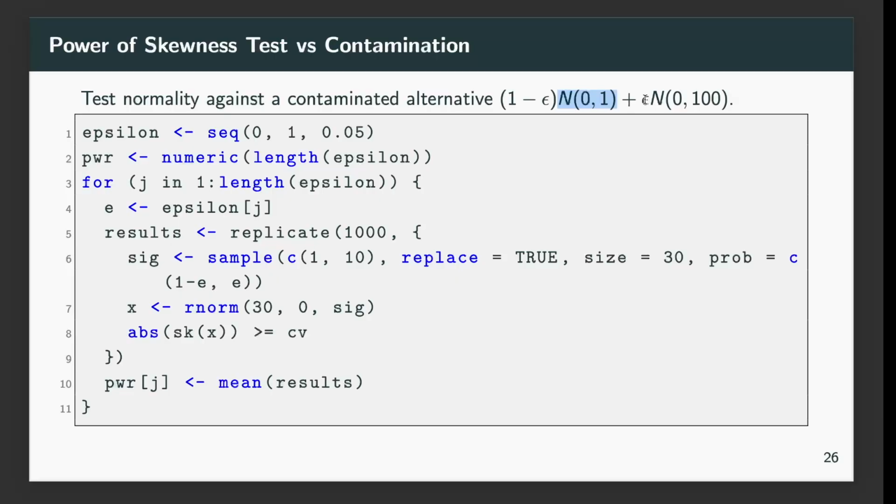So the question is, how powerful is the skewness test at detecting this specific form of non-normality? This will give us the answer as a function of the contamination level and not just at a single alternative.